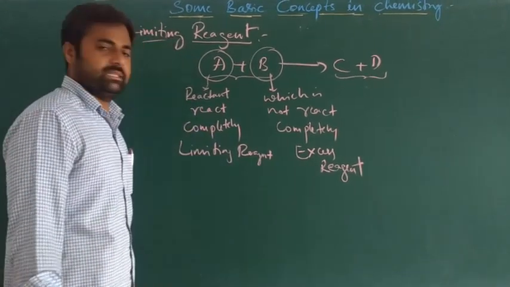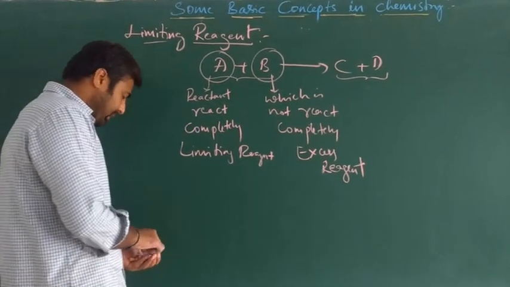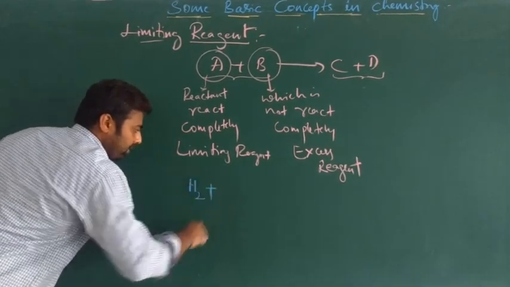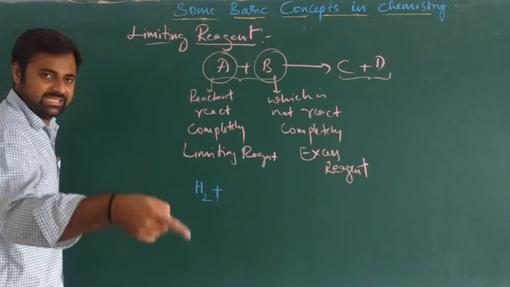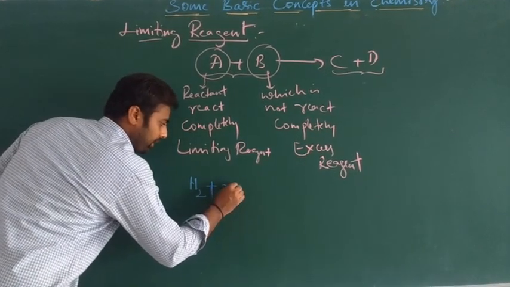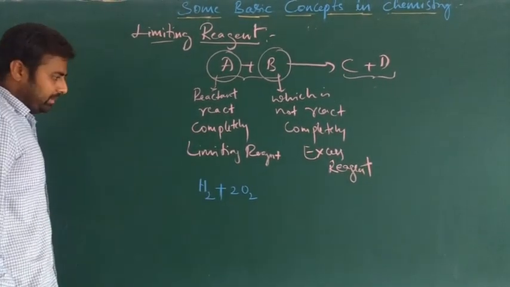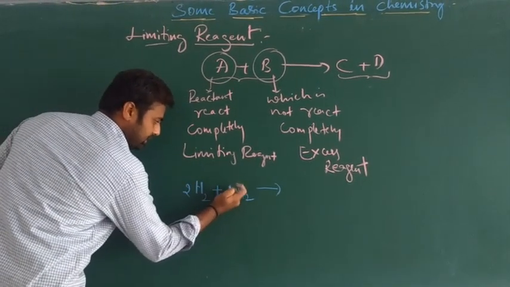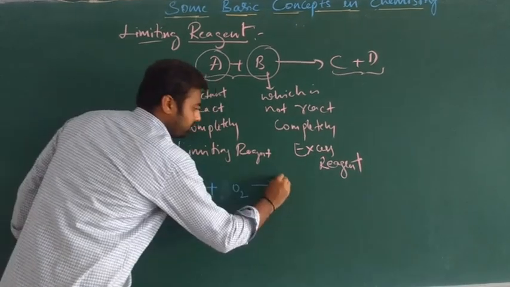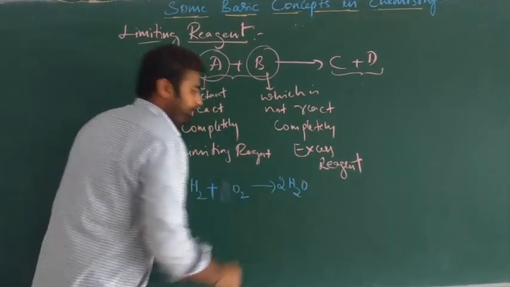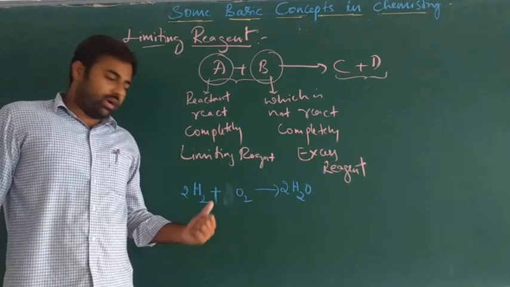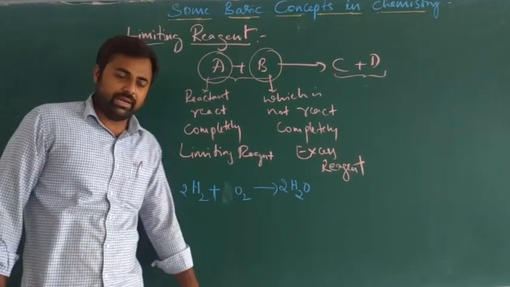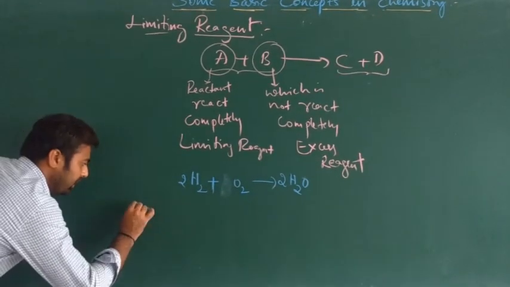To understand this, I'll give you an example, then only you can understand, right? Consider a balanced chemical equation: 2H2 plus O2 gives rise to 2H2O, the combination of hydrogen and oxygen which gives water. Here we have the data.